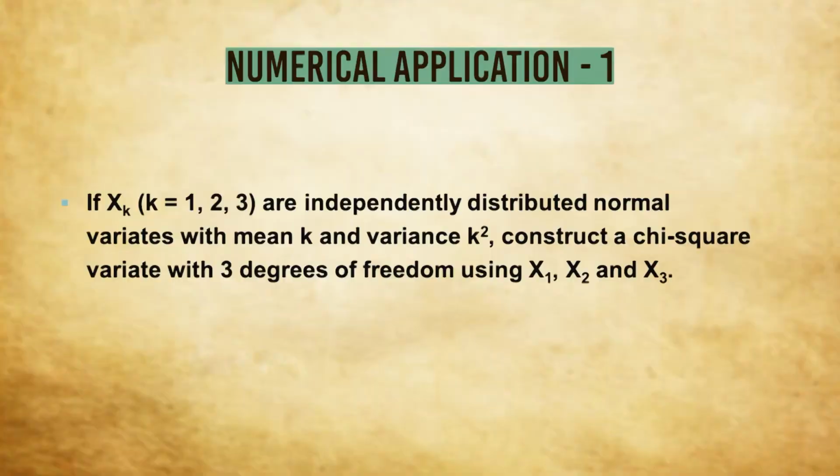Now here we have 3 independently distributed normal variates which are not standard normal, with mean k and variance k square. So in particular, x1 will follow normal 1, 1 square, x2 will follow normal 2, 2 square, and x3 will follow normal 3, 3 square by the problem. Also, we are given x1, x2 and x3 are independently distributed.